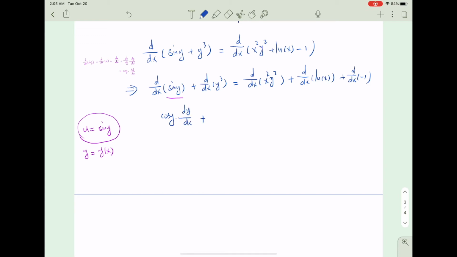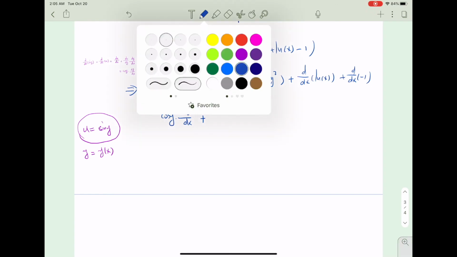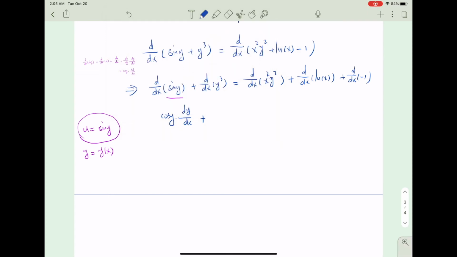Then we add, for the second term you do the same thing, but this time the function u is equal to y to the 3, right? U is a function of y and y is a function of x, so you will be using the chain rule. If you don't like the letter u, you can use v or whatever letter you like, but it doesn't matter. So by the chain rule, it will be the derivative of the outside function, which is y to the 3, so it will be 3y squared.